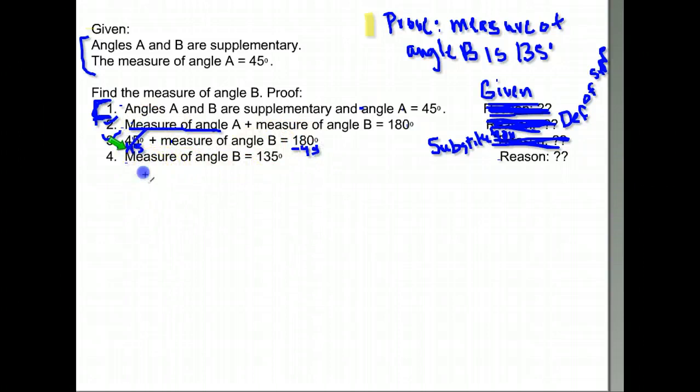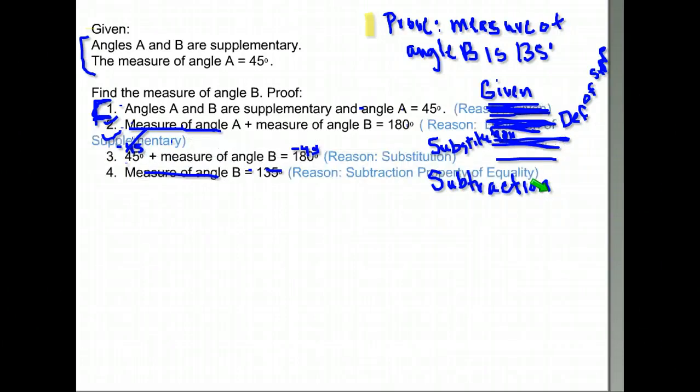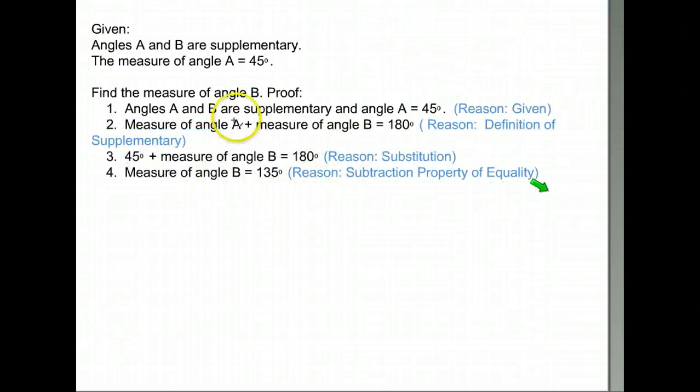And when we do, we get the measure of angle B equals 135. So what's our reason there? What did we do? Well, we subtracted the same number from both sides, and the property that tells us we can do that is the subtraction property of equality. I'm going to go to the next page because it has it all written out.